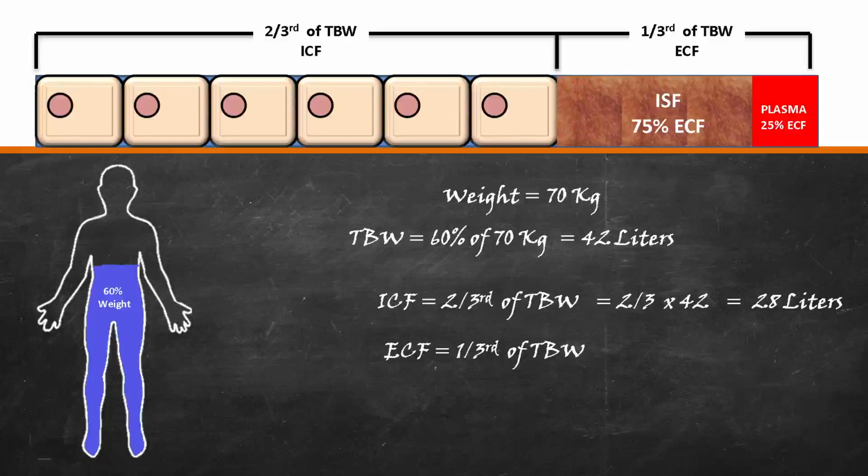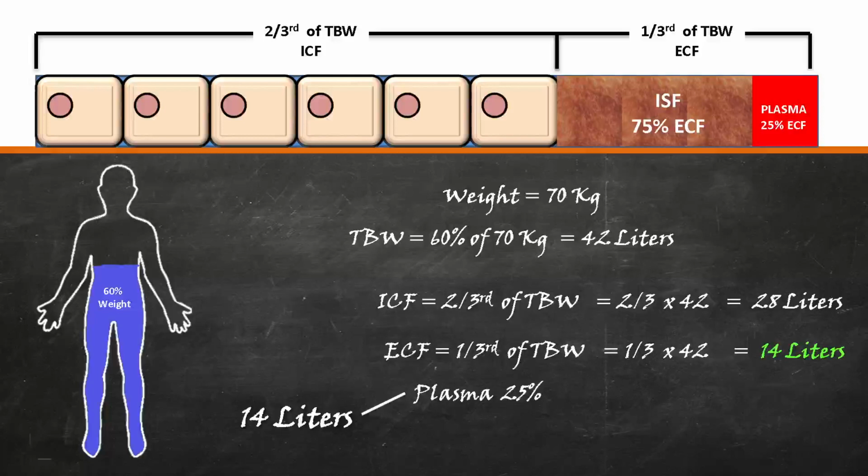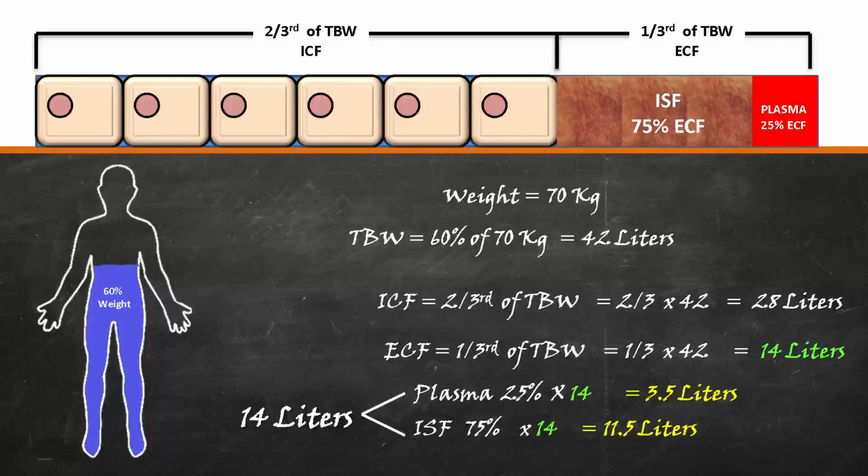So one-third of 42 liters will be 14 liters. Out of this 14 liters, plasma is 25% and interstitial fluid is 75%. So if we calculate, out of 14 liters, we get plasma around 3.5 liters and interstitial fluid around 10.5 liters.